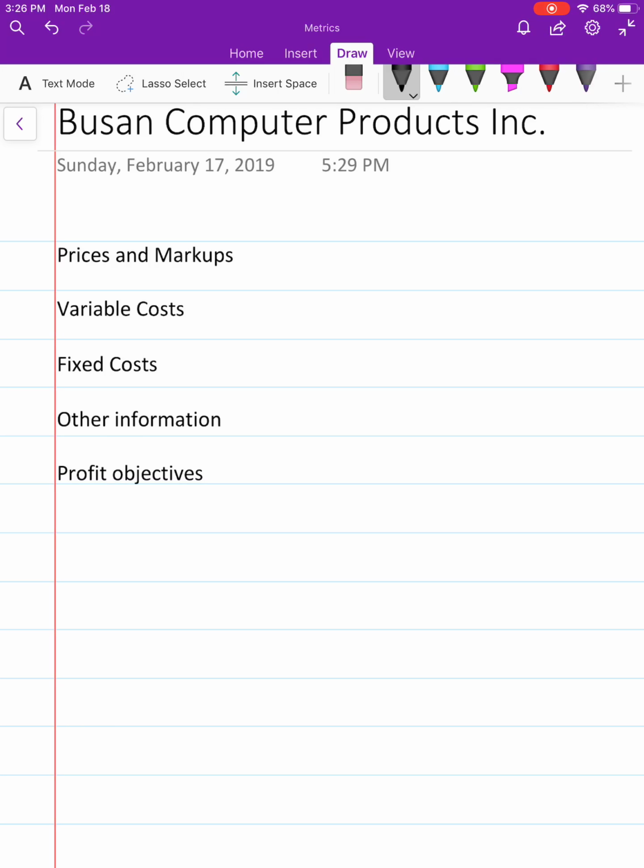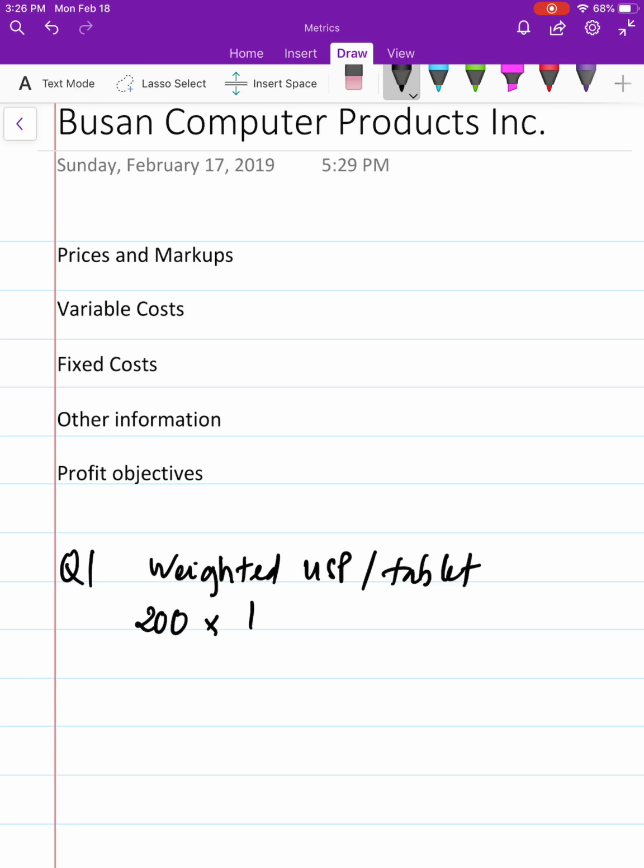Now, first question, asking for the weighted unit selling price per tablet. You would have the price of each of the product line times the percent of sale for that product line, and you're going to sum all of them together.